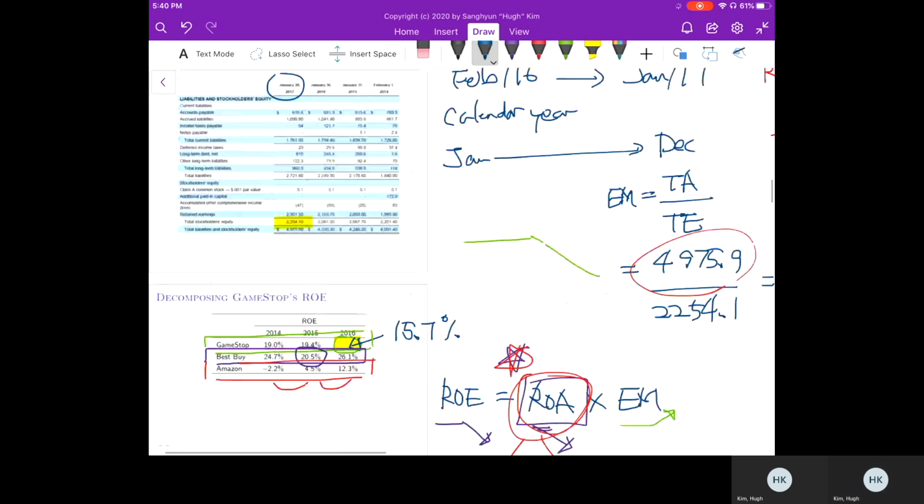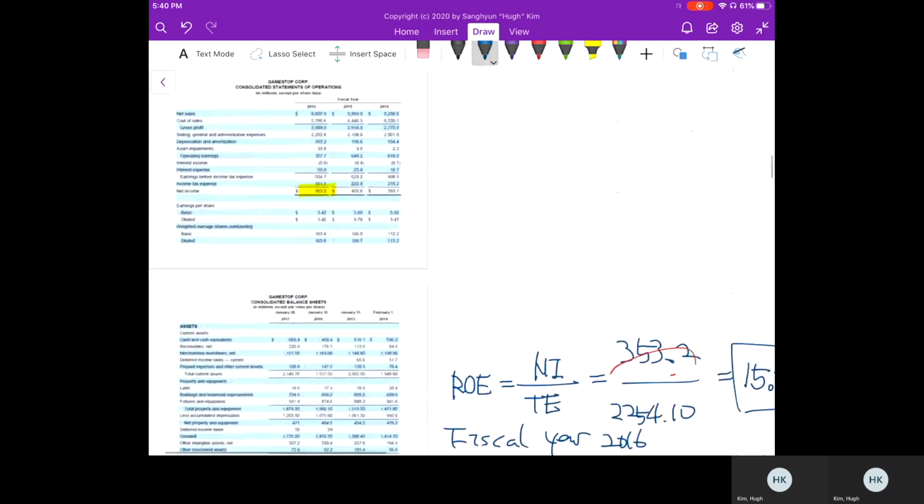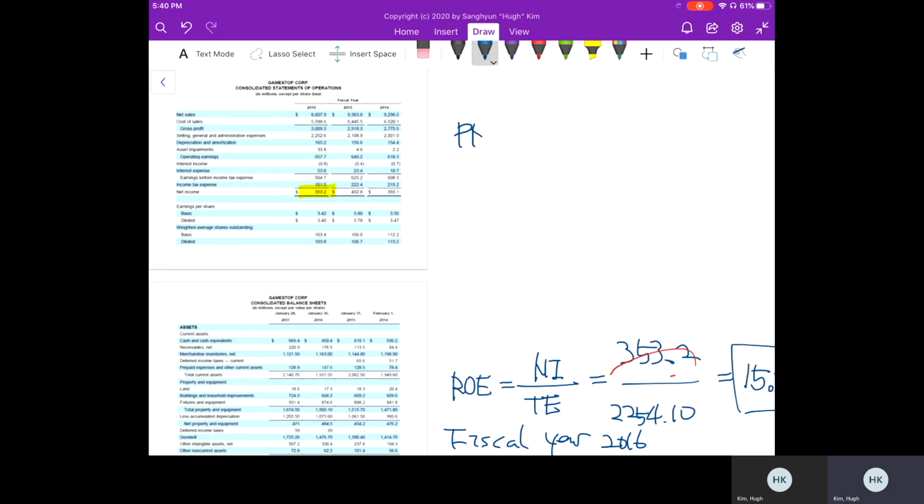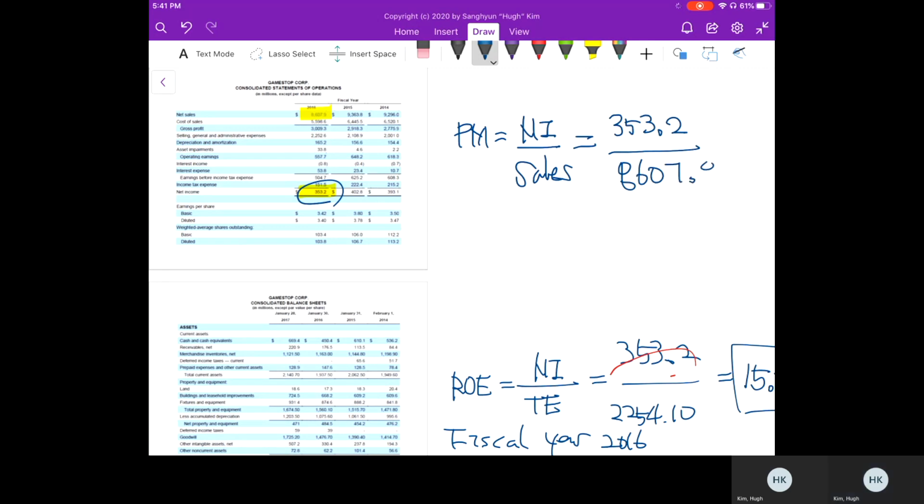So profit margin is net income over sales. Net income here is 353.2. Sales is the top line here, 8607.9. So profit margin is, I believe, 4.1%.